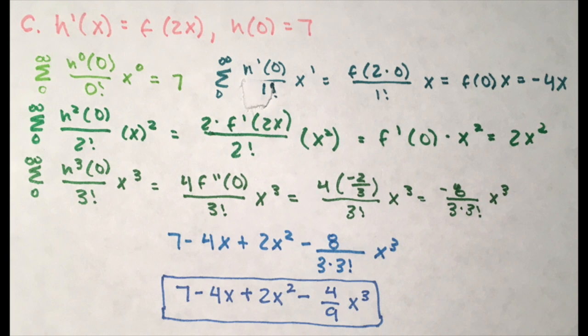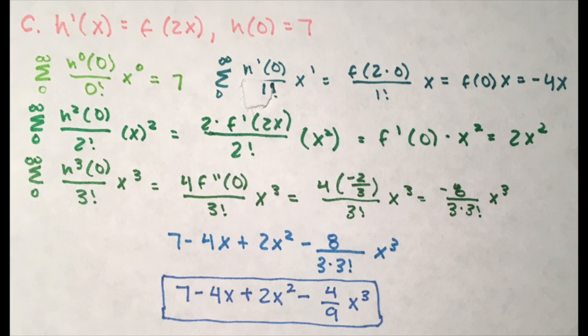To find the third term, we plug in 2 for n in the Taylor polynomial formula. For the third term, we need to find the second derivative of h, which is going to be the derivative of f of 2x. By the chain rule, the derivative of f of 2x is going to be 2 times f prime of 2x. From here, we know that f prime of 0 is 2, so our third term is going to be 2x squared.